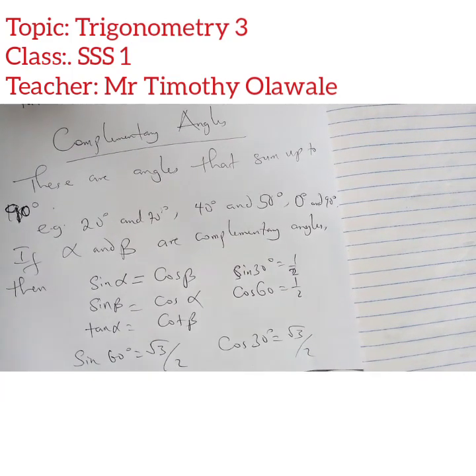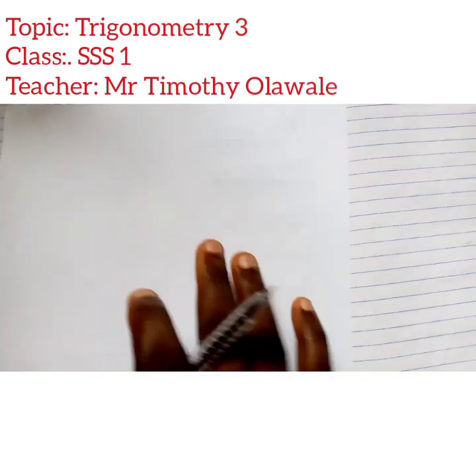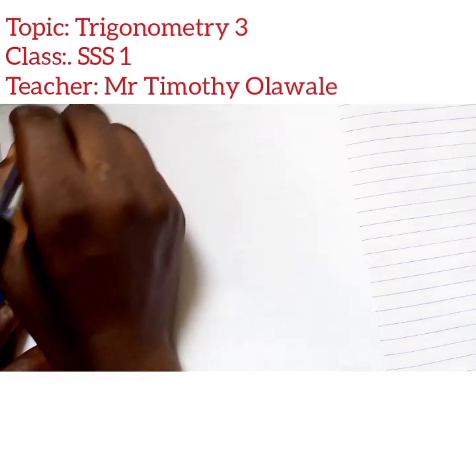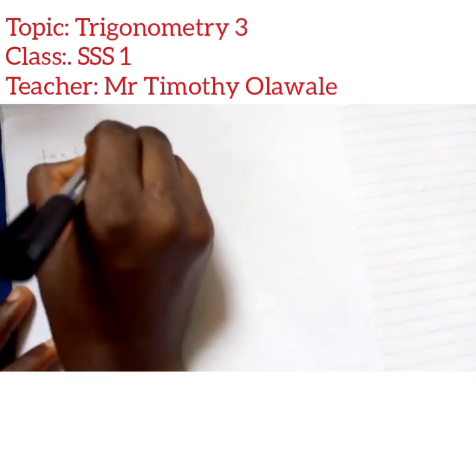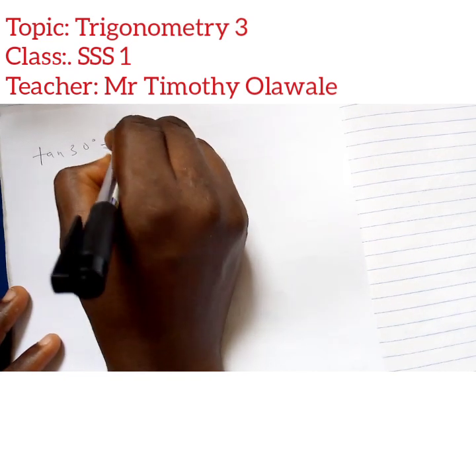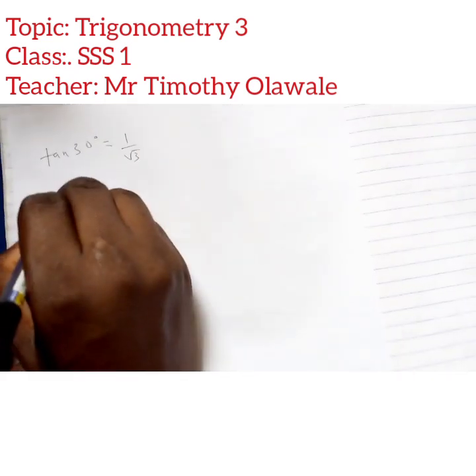The same thing goes for the tangent. Tan 30 is 1 over root 3.